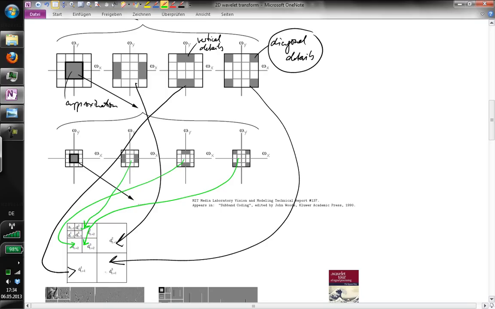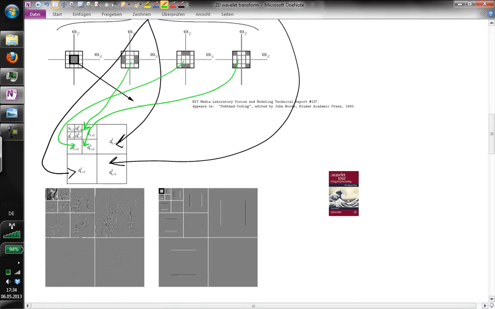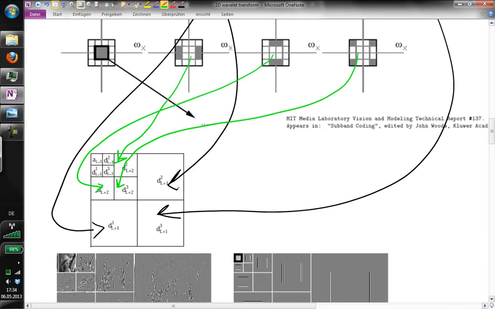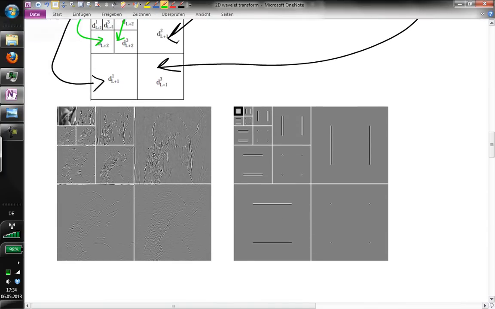and then actually there's another level of approximations which I'm not showing, but look, here are the actual images. So here is the famous Lena image, which you see here in only its approximation form. So very strongly low pass filtered, which means it can be represented in terms of very few values or in terms of few pixels. This is the approximation that's left. And all the rest are the details at those various scales.